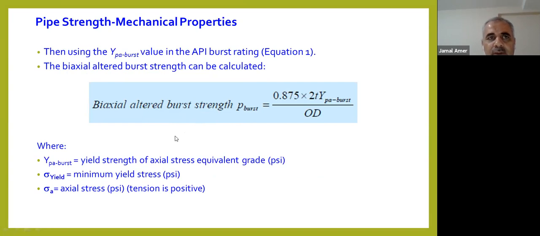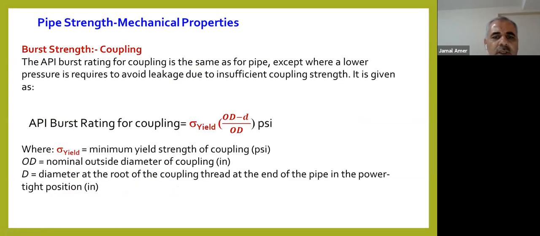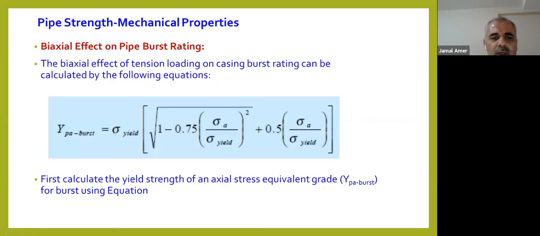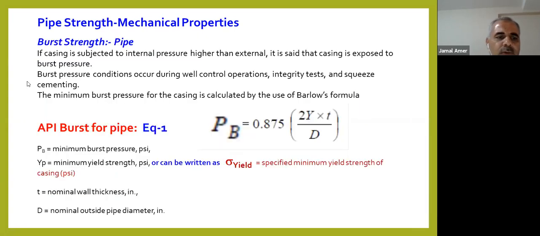So if you would like to do some examples by hand calculation, write down all these equations on a separate paper and put it aside, with all the cases. What do I mean by cases? I mean biaxial. If we have axial tension, biaxial tension, or triaxial loads, all this will affect our initial calculation.